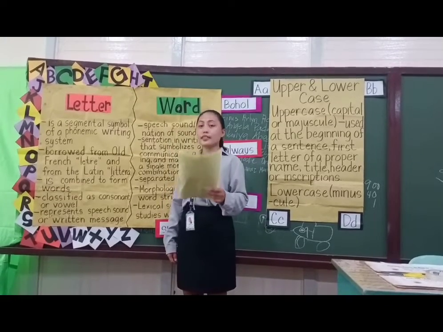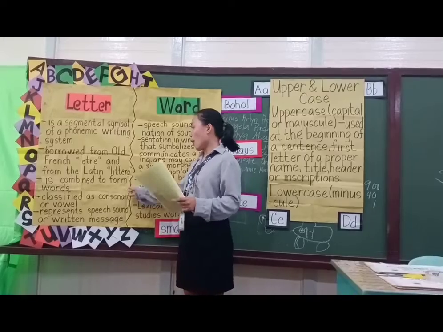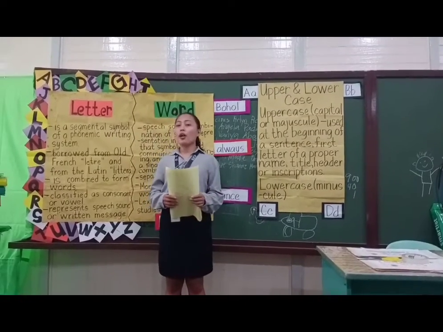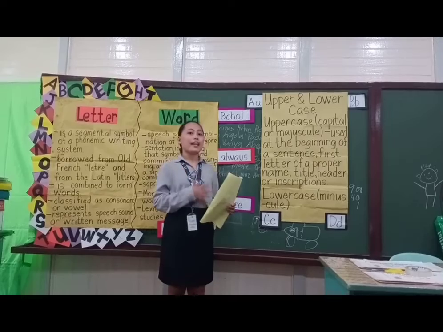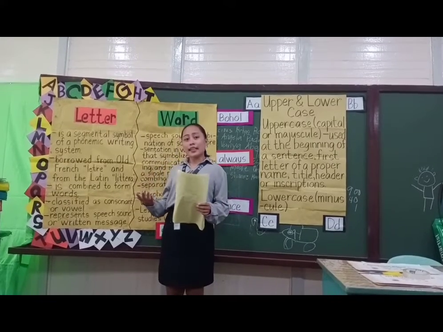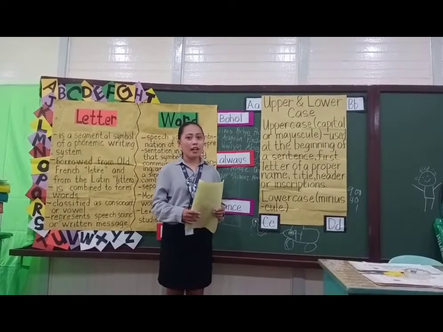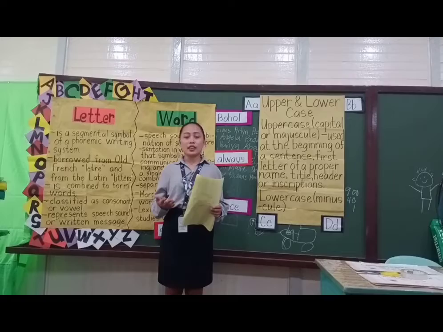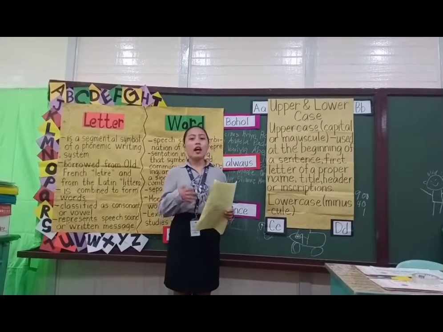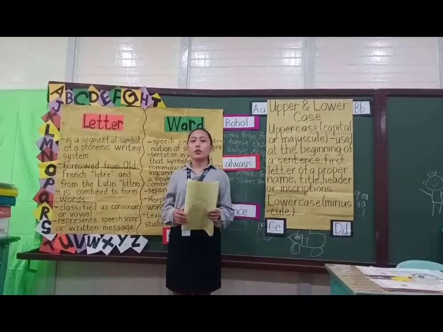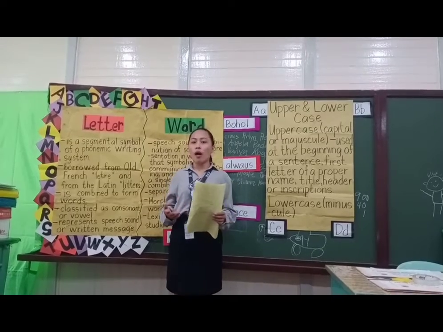Letters are combined to form words. Without letters, there are no words. And without words, there are no phrases, sentences, or even paragraphs that may convey messages, ideas, opinions, and that we use to communicate to one another.